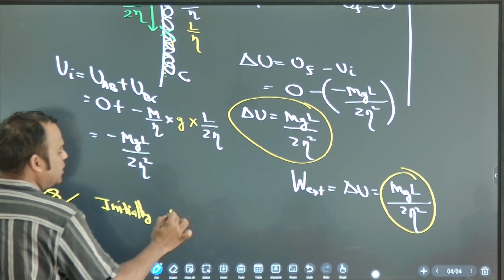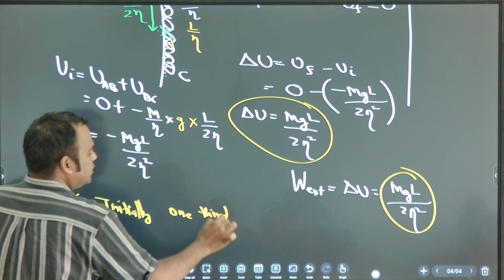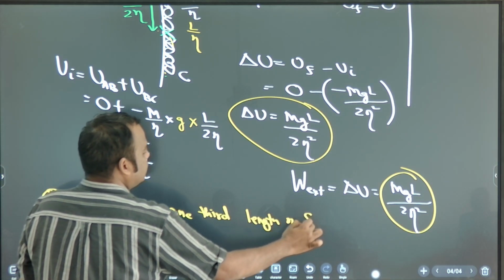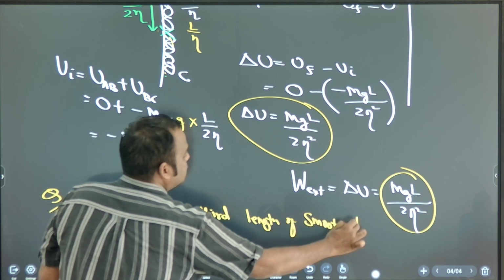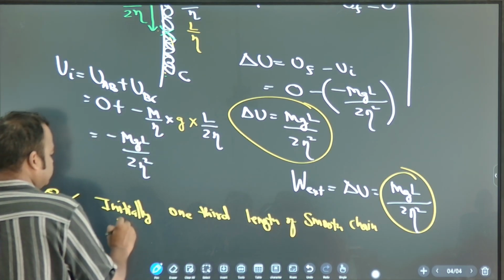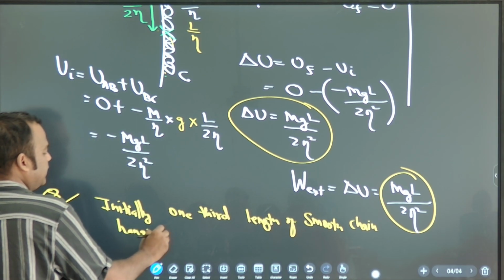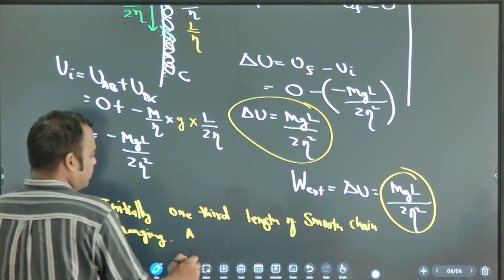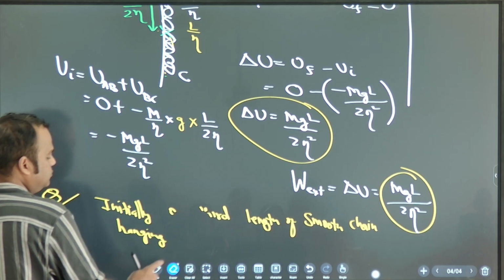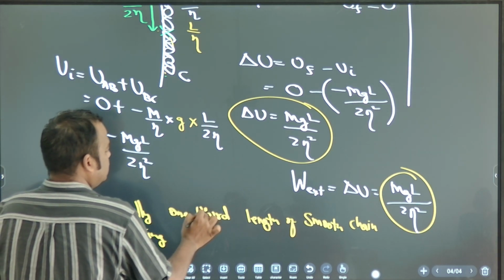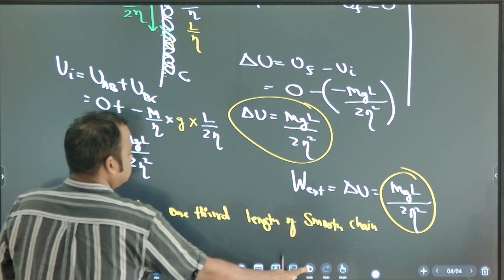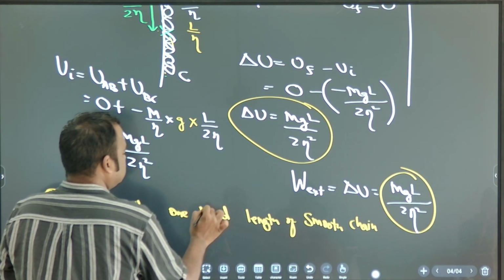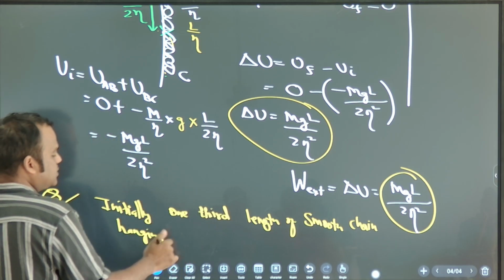Note down the question. Initially one third length of a smooth chain is hanging from the table.